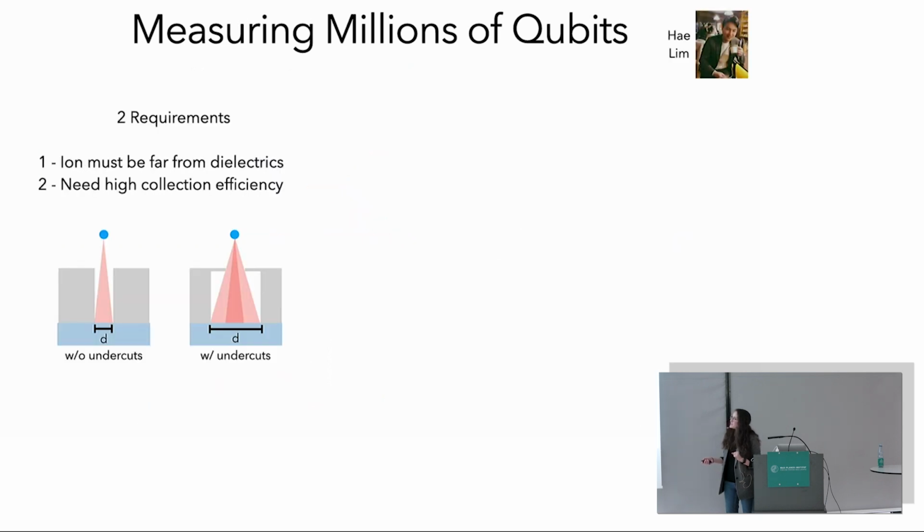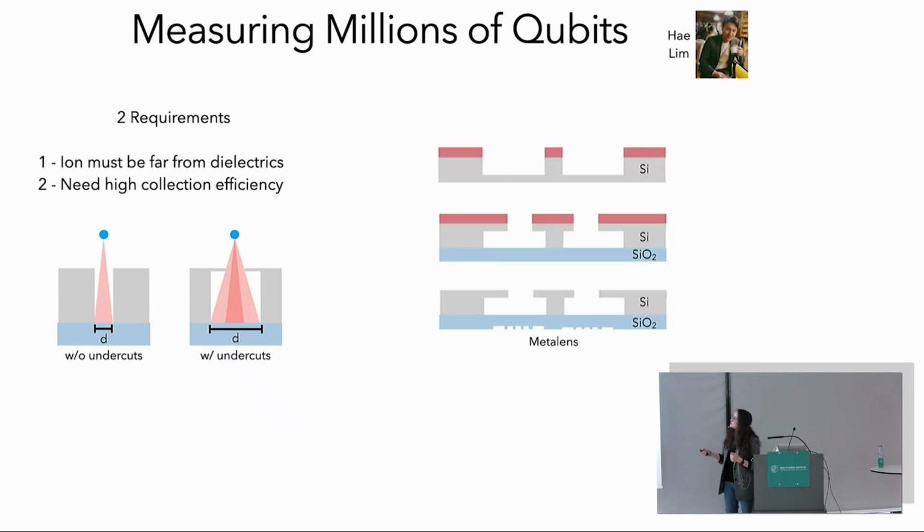Okay. And as I said before, our ion, we like to keep it very far away from any dielectrics. So it'd be nice if we can put our lens right next to it, but we want to keep it hundreds of microns away. And we also need this high collection efficiency. So we play one little trick, which is that we undercut our wafer so that we can keep our dielectric super far from our ion and also shielded from our ion while still getting the benefit of having a dielectric.